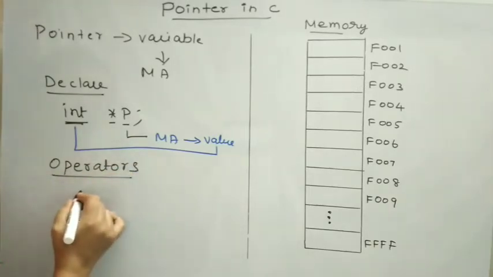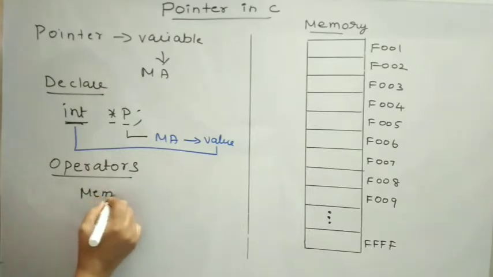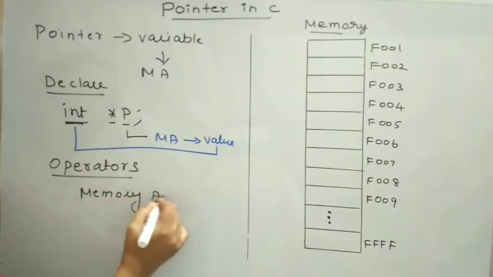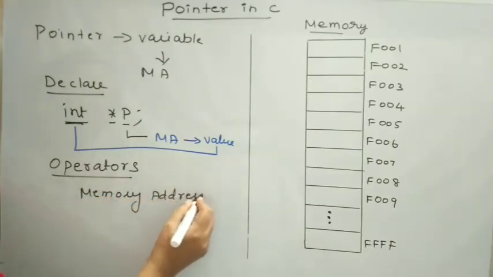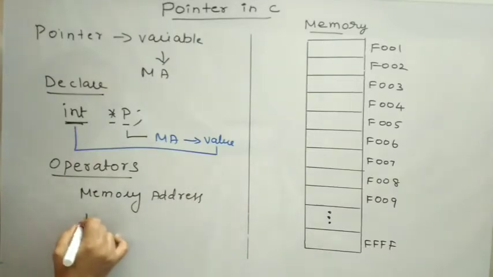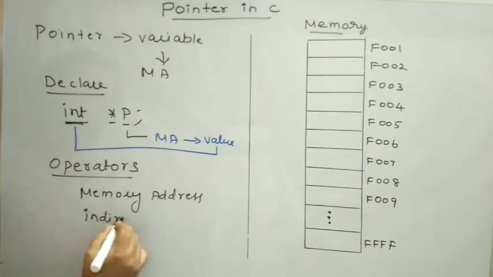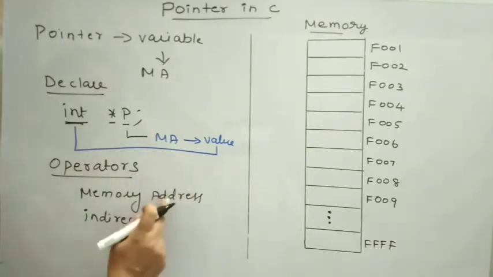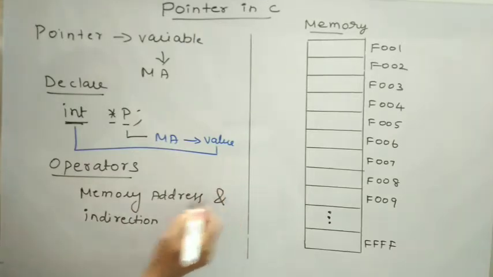First one is the memory address operator. The other one is the indirection operator. What is the symbol allocated for the memory address operator? This is the symbol ampersand. For indirection, the symbol is star.